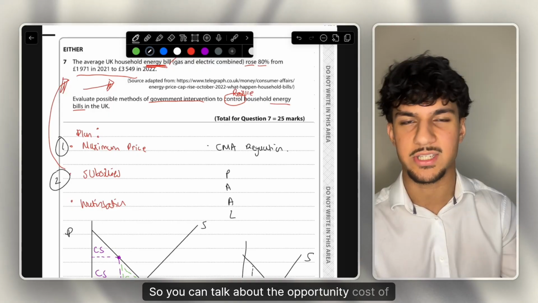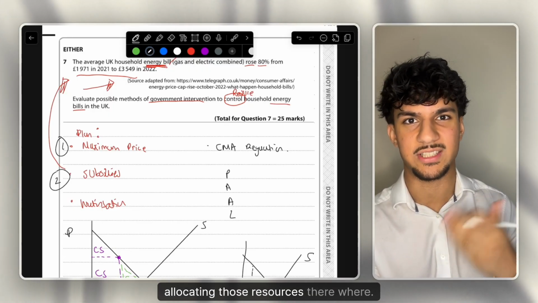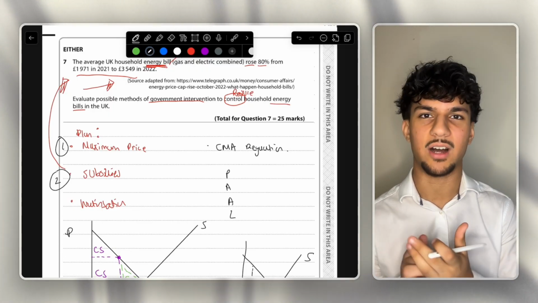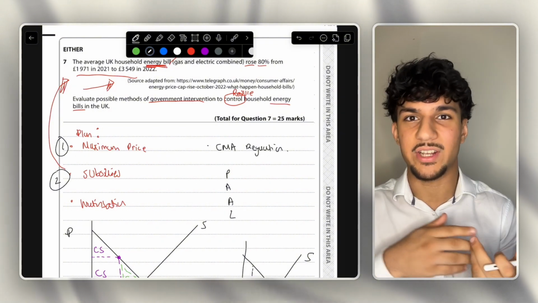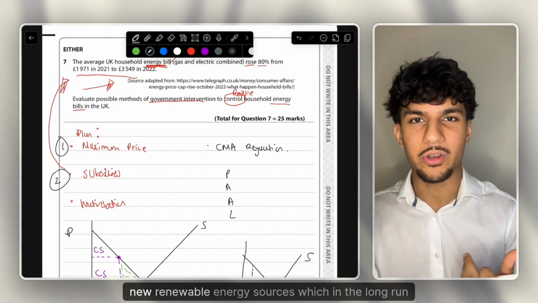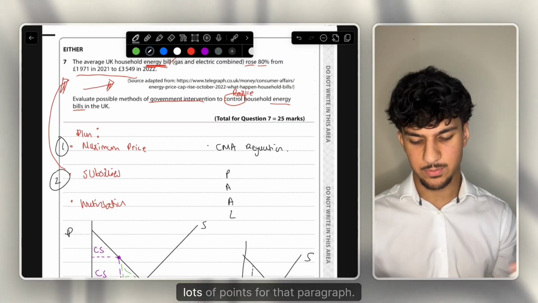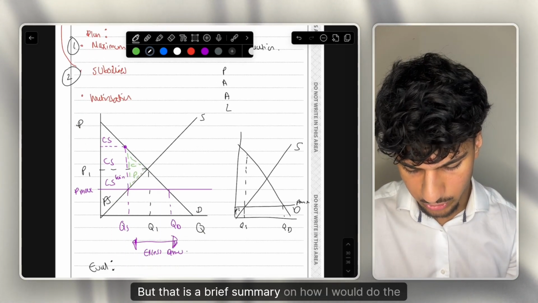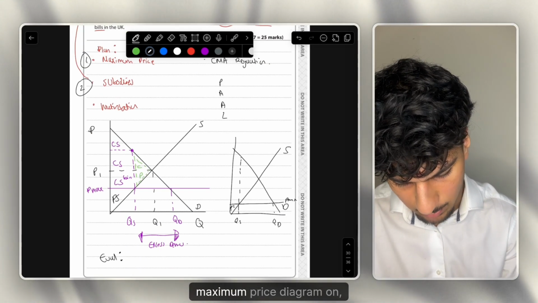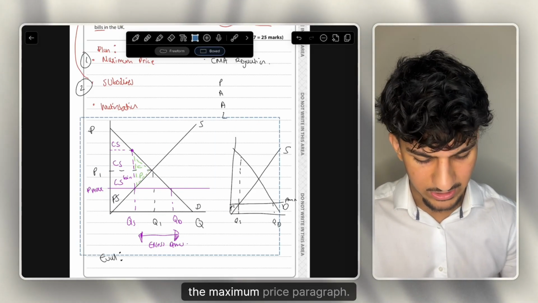So you can talk about the opportunity cost of allocating those resources there, whereas you could probably spend those resources on, I don't know, investing into new renewable energy sources, which in the long run could become cheaper. But like I always say, lots of points for that paragraph, but that is a brief summary on how I would do the maximum price paragraph.